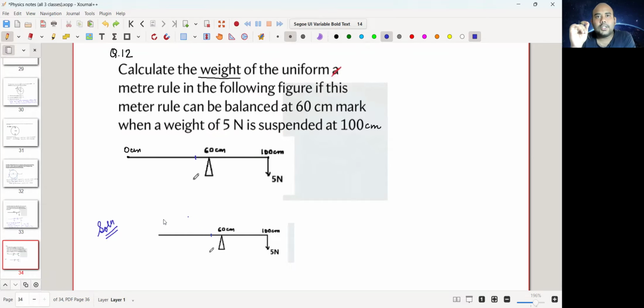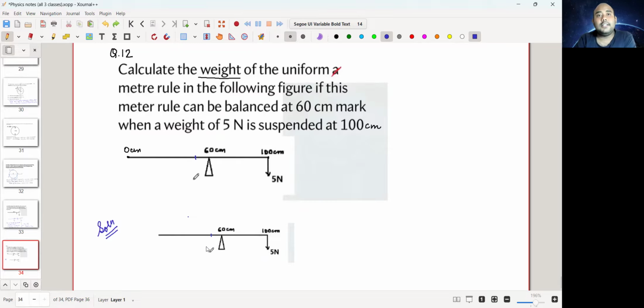Now one force is missing in the question, which we need to show in the figure. What is that force? See here, one thing is very clear, that this rule is balanced because the question is telling us that the rule is balanced. If it is balanced, it means that anti-clockwise moment is equal to clockwise moment. So this 5 Newton force is producing the clockwise moment about this fulcrum.